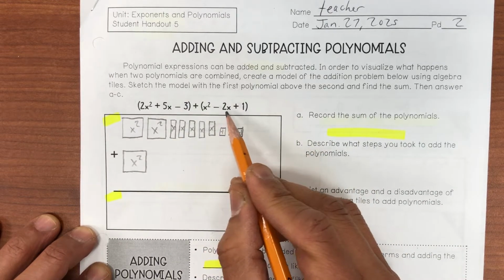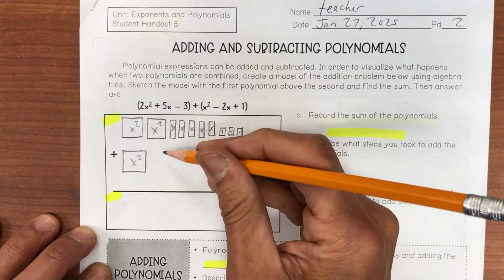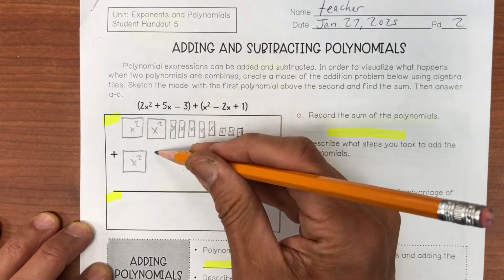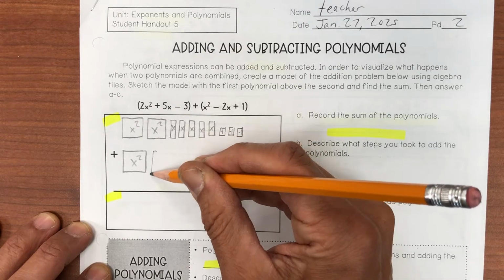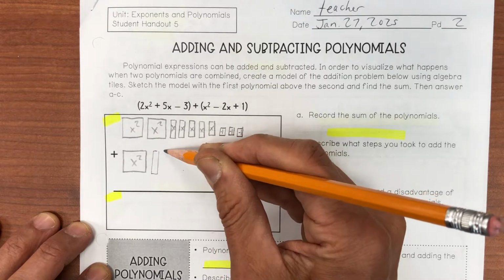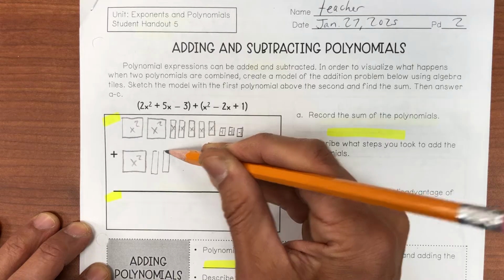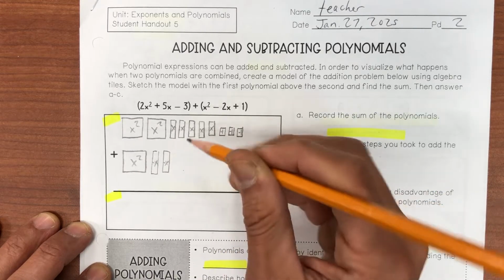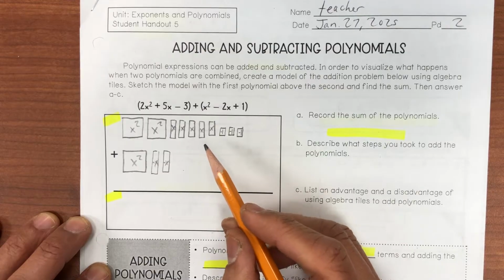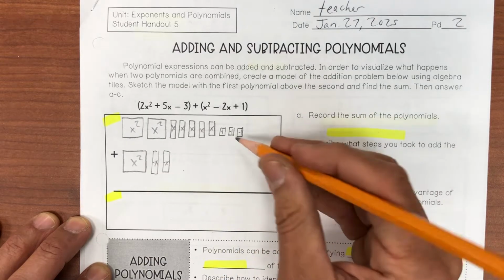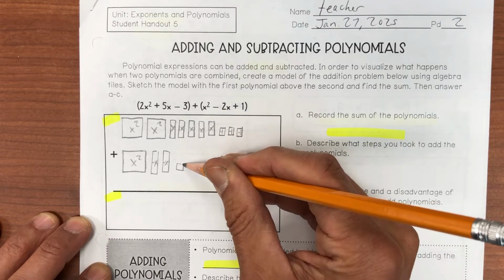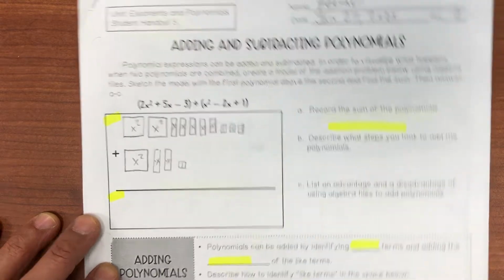And we got -2x. So these narrow pieces have to be -x. This is -x. This is -x. And we have a +1. So this little square is a +1.